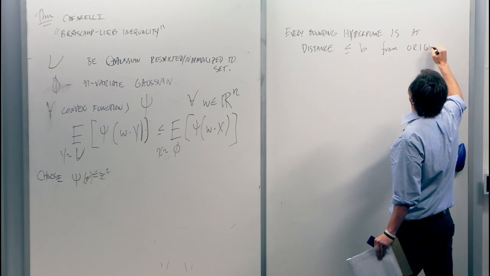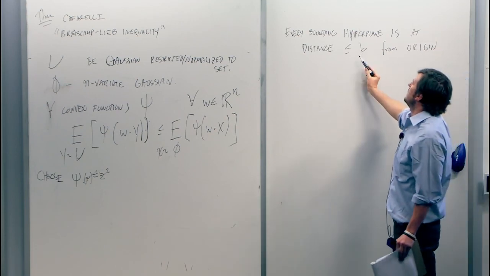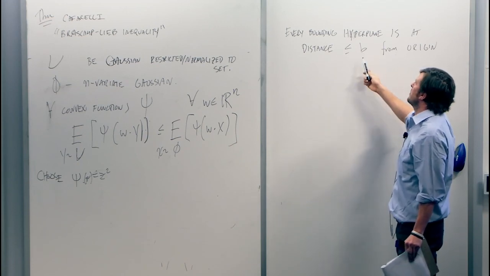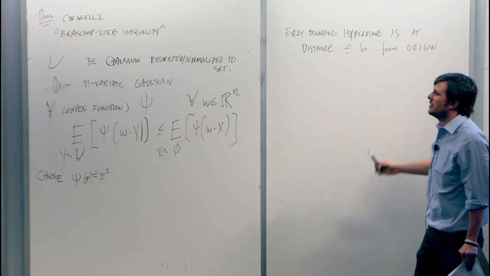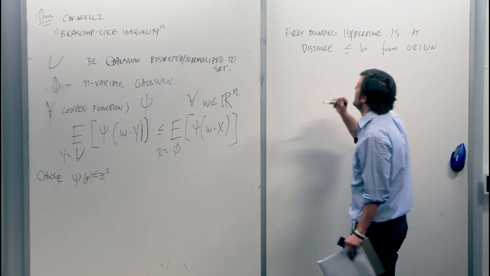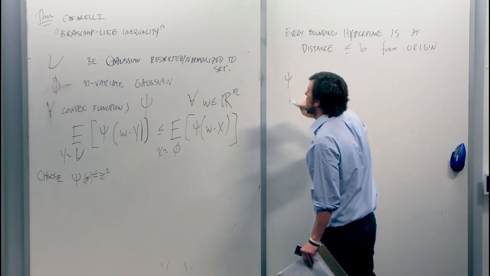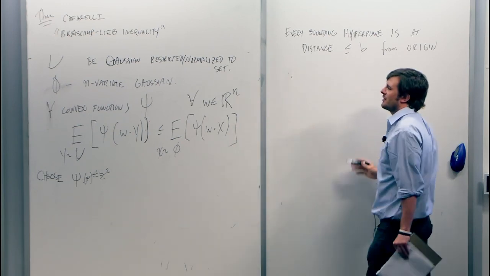I can assume this, and we can assume that b is something like square root of log n. If the bounding hyperplane is very far from the origin, then you might as well assume that it's not there. And then I'm going to define this function. So the question is how to apply this contraction inequality.